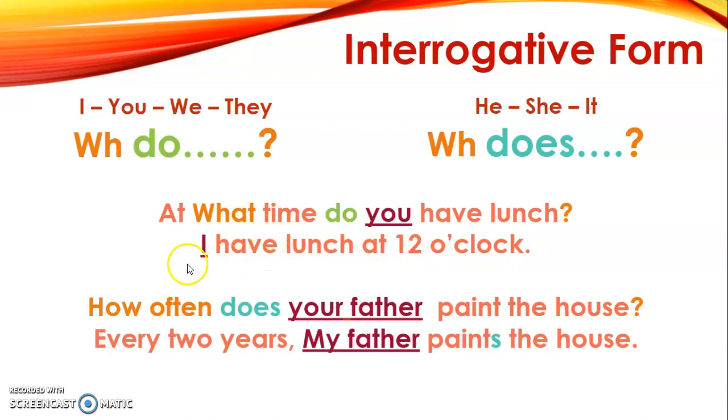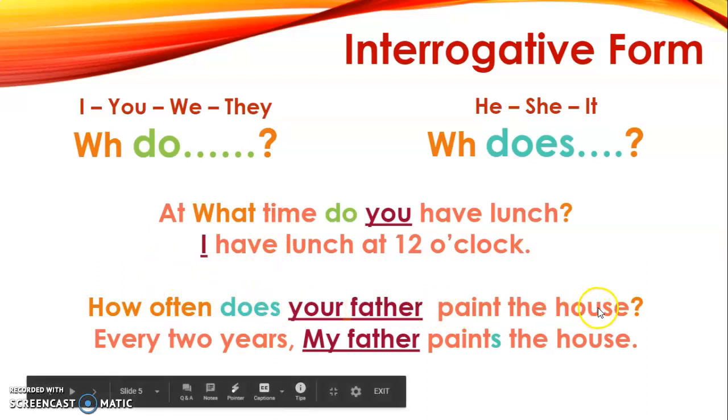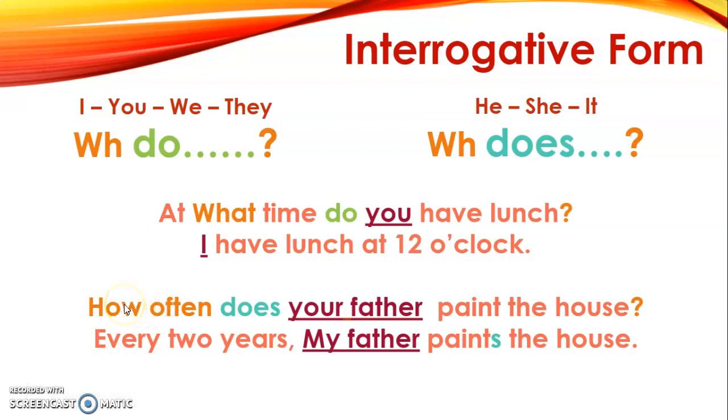The next example, how often does your father paint the house? Every 2 years my father paints the house. ¿Cada cuánto tu papá pinta la casa? Cada 2 años mi papá pinta la casa. Entonces analicemos. Aquí está el WH how combinado con often, que quiere decir cada cuánto o con qué frecuencia.